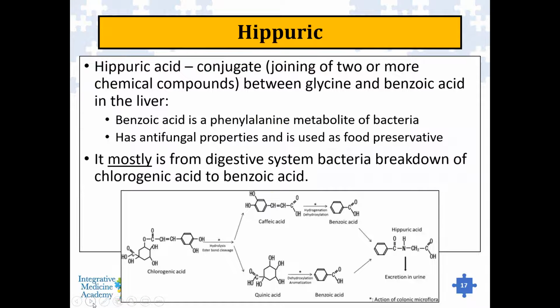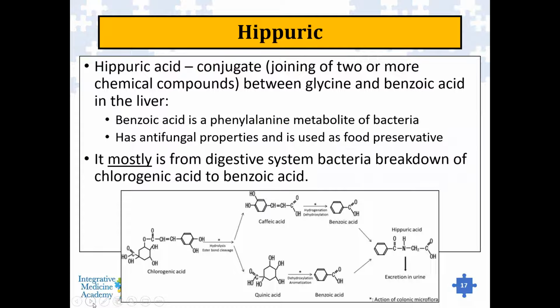Hippuric is actually a conjugate. It's the joining of chemical compounds between glycine and benzoic acid. And benzoic acid can be produced from various biochemical reactions. It can actually get produced because of bacterial metabolism in the digestive system.